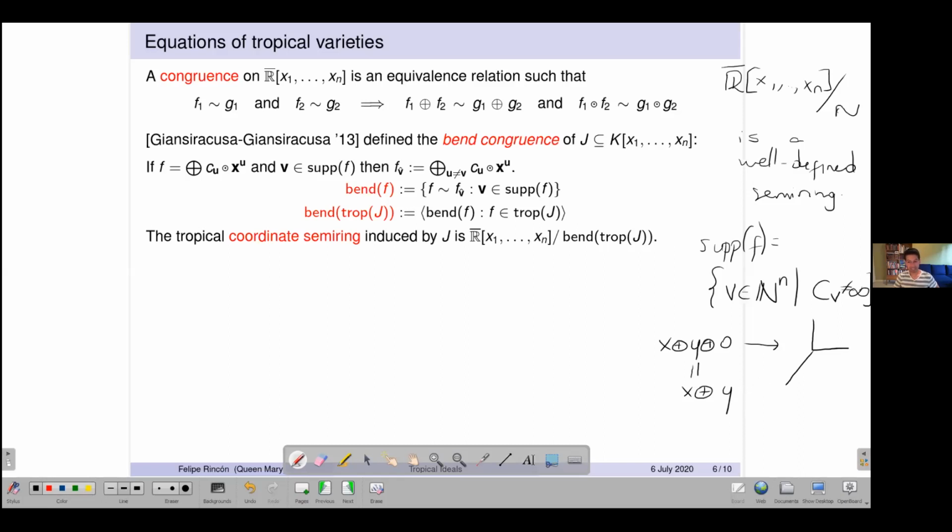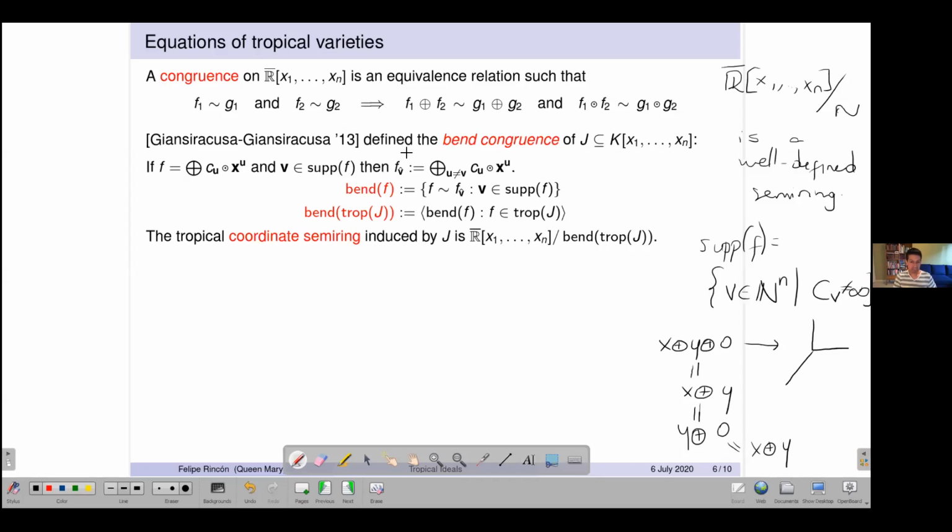Well, because this variety is exactly the set of points where the minimum between x, y, and 0 is attained twice. So that minimum is the same if we remove 0, because it was attained twice. If it was actually 0, I can remove it because it has to appear in one of these two as well. And it's also the same as y plus 0, again because the minimum was attained twice between these three, and it's also the same as x plus 0.